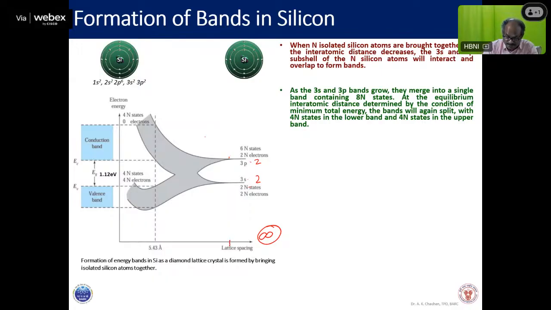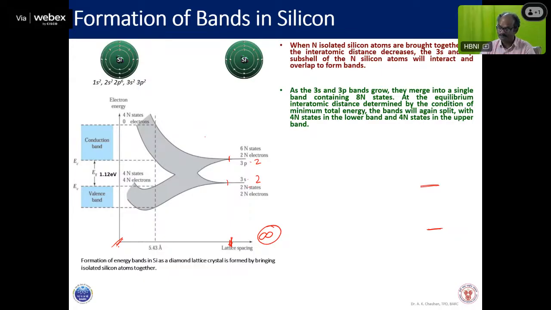The physical significance is this: suppose I crystallize this silicon, in the diamond structure, such that all the silicon atoms are this much different from each other. In that case, what will happen? They will start interacting, and in place of 2 levels, you will have slightly this kind of level.